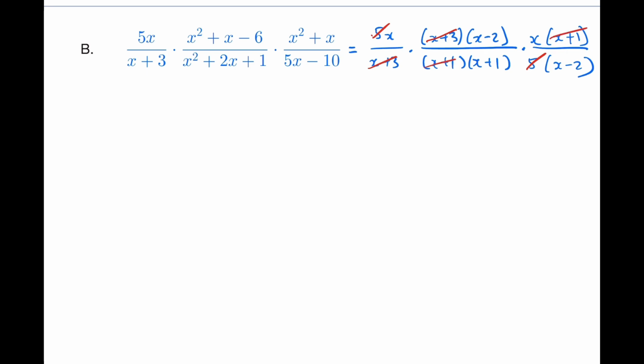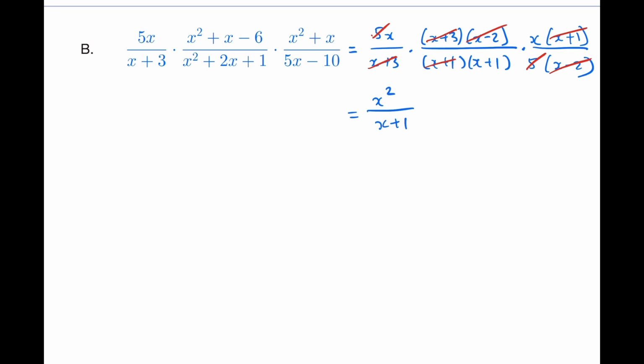And lastly, we have an x minus 2 and an x minus 2. We would knock those out. So what we have left is x and an x, and so that becomes x squared over x plus 1.